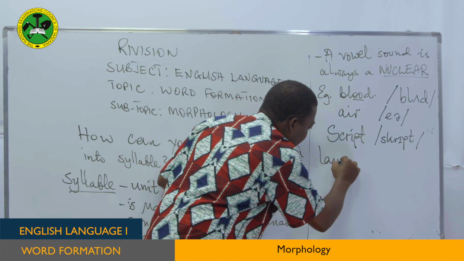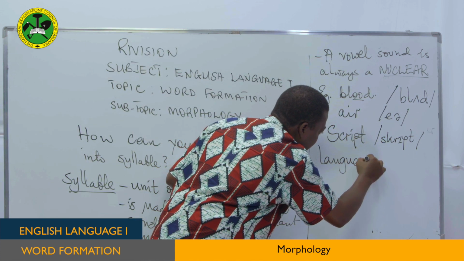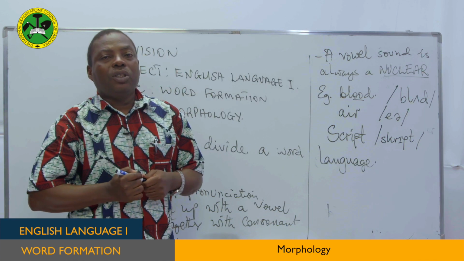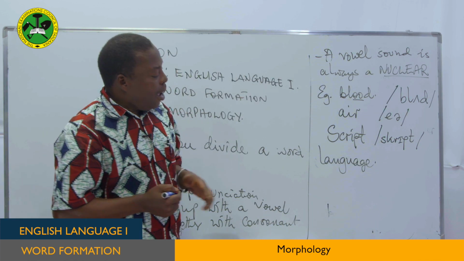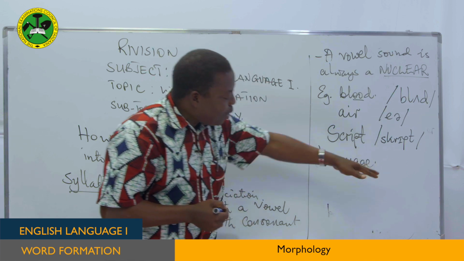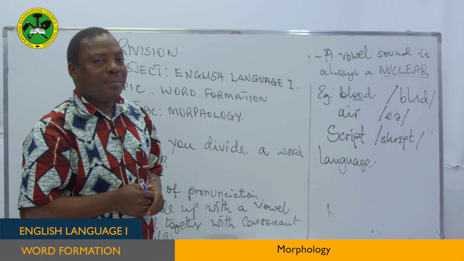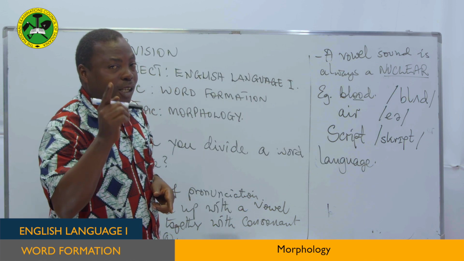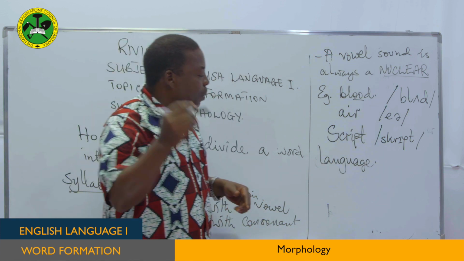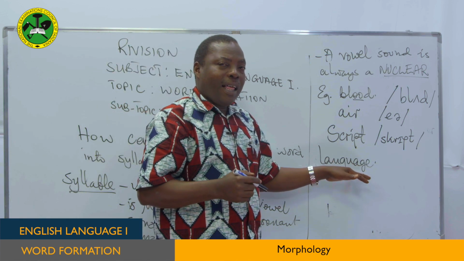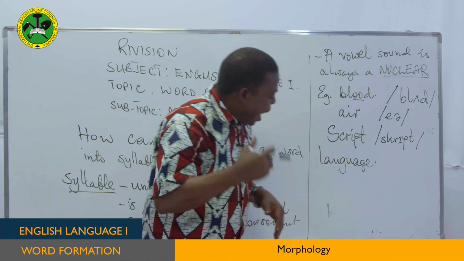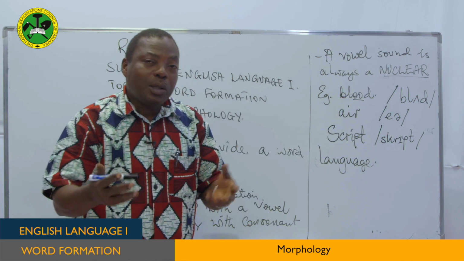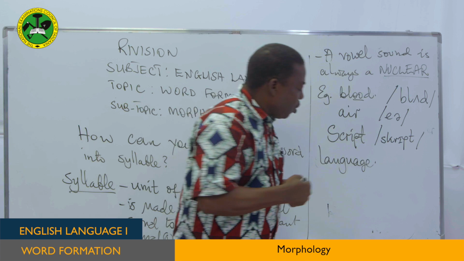Look at this word, language. How many syllables do you have there? As I said, don't be tempted by looking at the spelling of a word. That could probably tell you how many vowel letters you have, and that would be wrong.